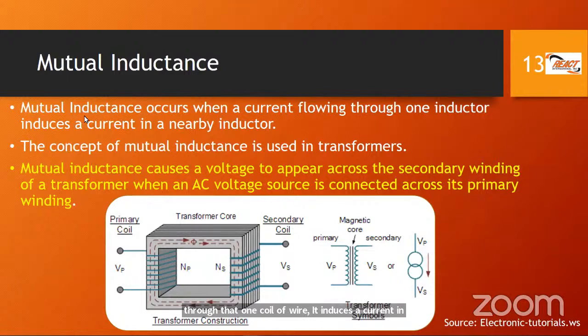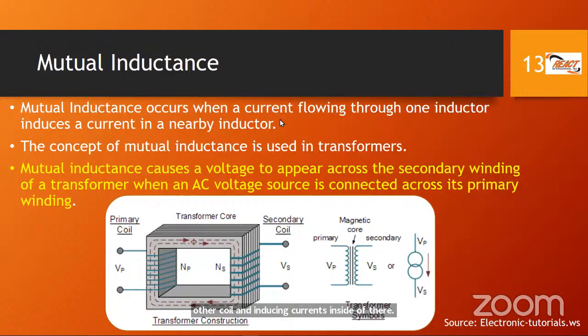So that's why we say here that mutual inductance occurs when a current flowing through one inductor induces a current in a nearby inductor. It's because of the flow of that AC current going back and forth that the magnetic lines of flux are cutting the other coil and inducing currents inside of it. And that's how transformers are created.